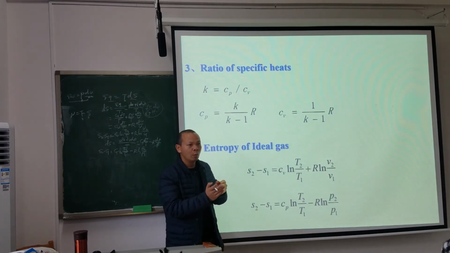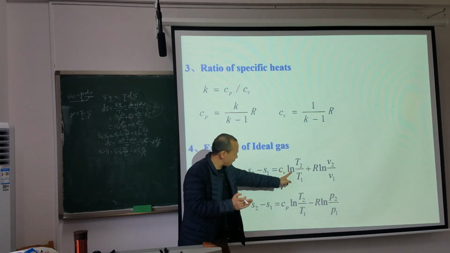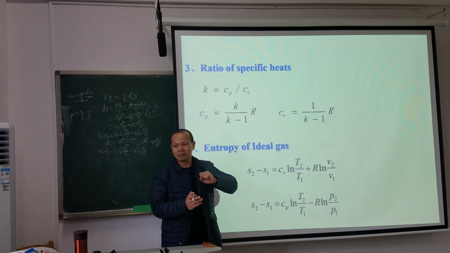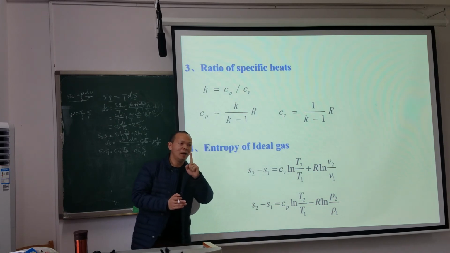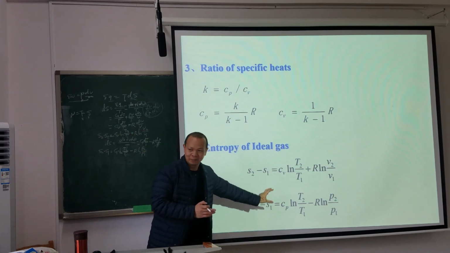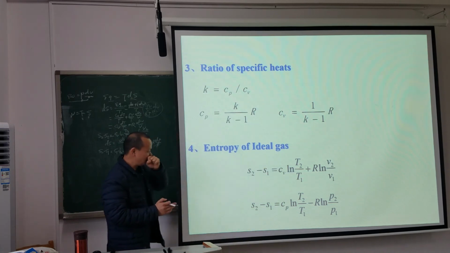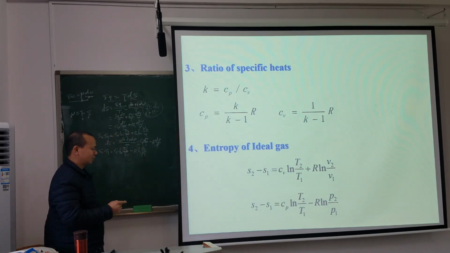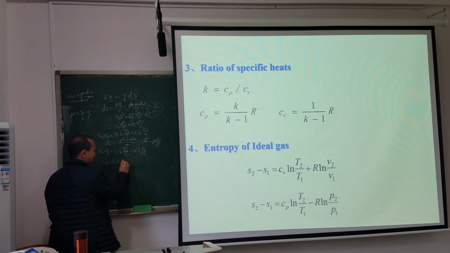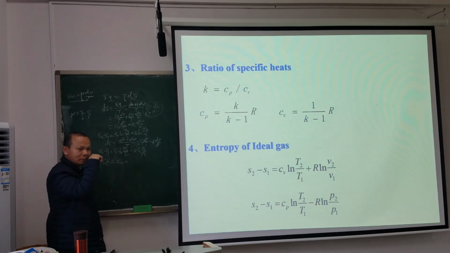But now we get two equations. So which one is right? I'd like to tell you, they are the same. You can try. Do you know CP is equal to CV plus R?